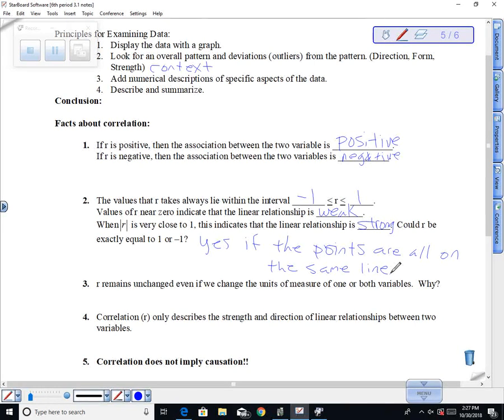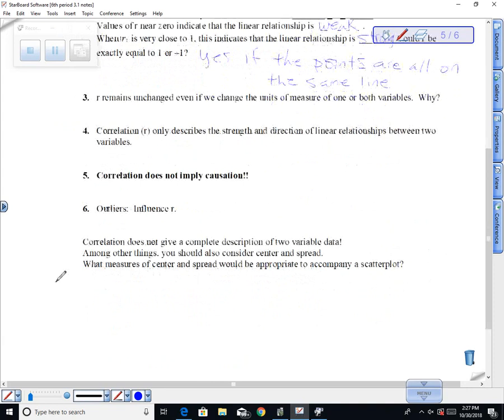R remains unchanged even if we change the units of measure of one or both variables. Why? Because R is calculated with standardized values.